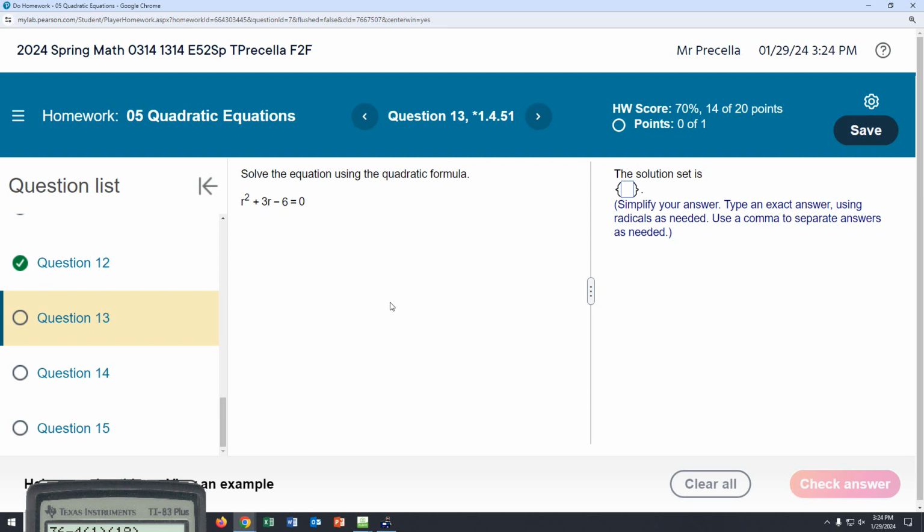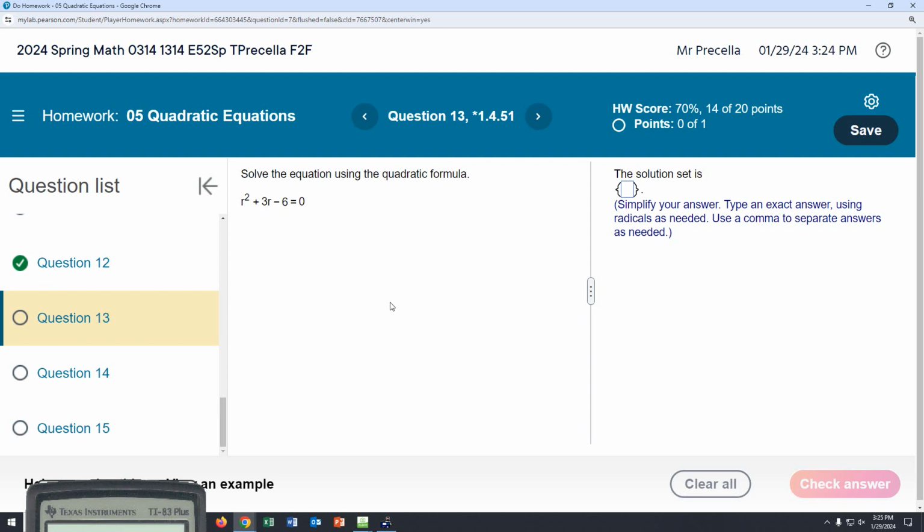In all the examples we've done so far, b was negative. So I wanted to find one where b was positive. So if b is positive 3, what's negative b? What am I going to write there? Negative 3. That negative b just means change the sign on b.